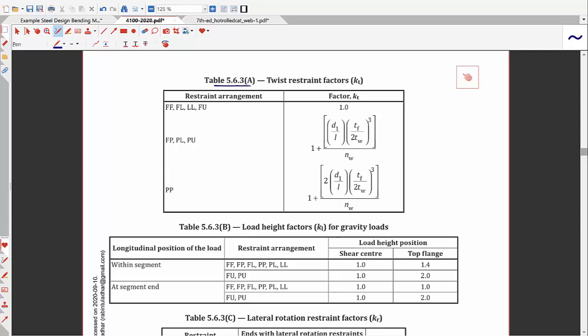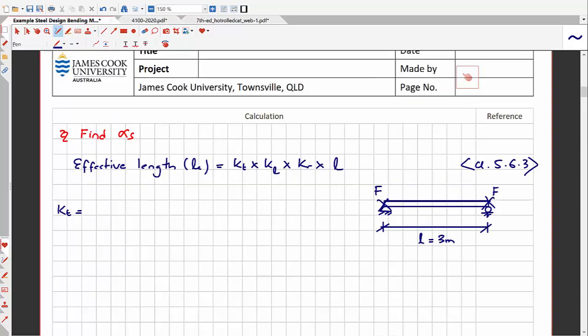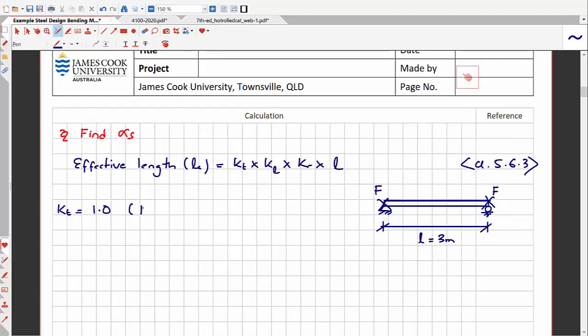Now we can see that for FF condition, fully restrained at two ends, the KT factor is 1.0. For fully restrained FF condition, we have KT equals 1.0, and it is coming from table 5.6.3a.